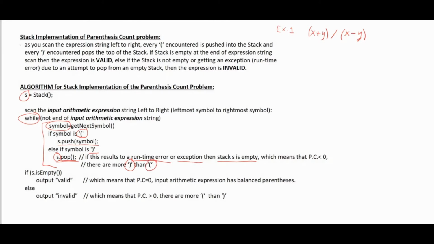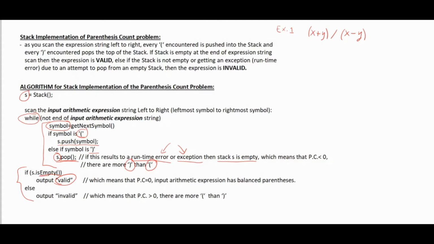Now, if this runtime error or exception does not occur, then when the while loop is over, we check if the stack S is empty, because if it is empty, then the arithmetic expression is valid. This means that the arithmetic expression has balanced parentheses, which means that the number of left parentheses is equal to the number of right parentheses.